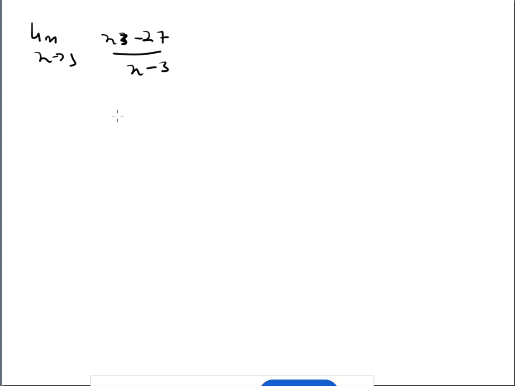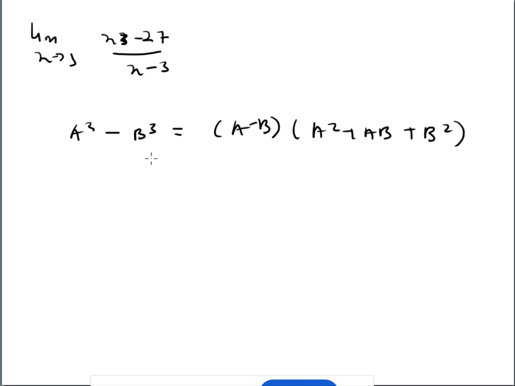So now, having this example, we can factorize this. The numerator is of the form a cubed minus b cubed, which is equal to (a minus b) multiplied by (a squared plus ab plus b squared). You can write this down. Using this formula, we can find the limit as x approaches 3.